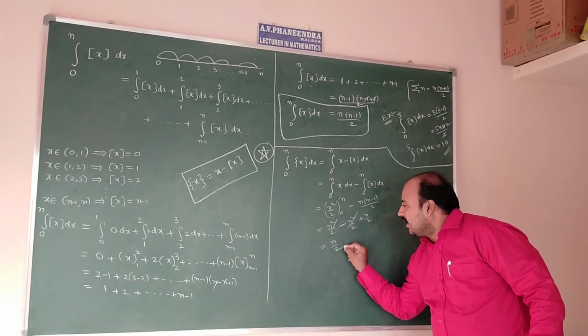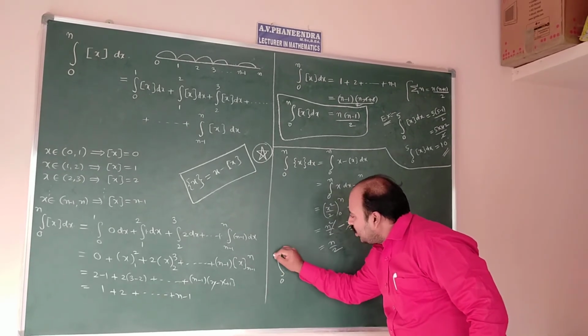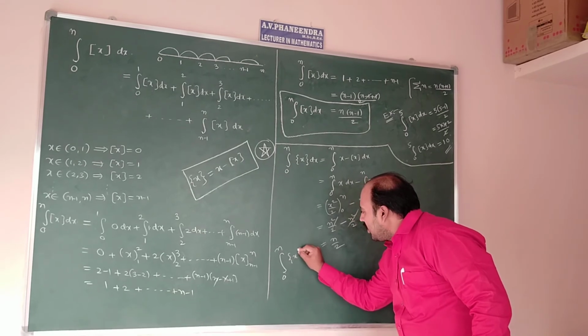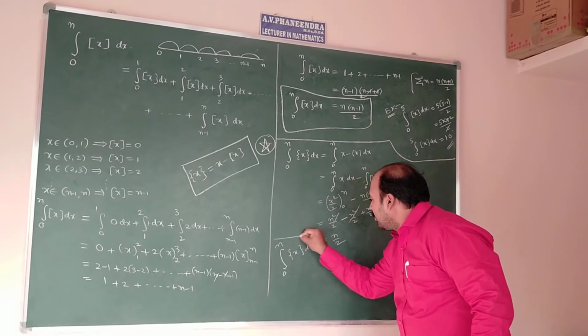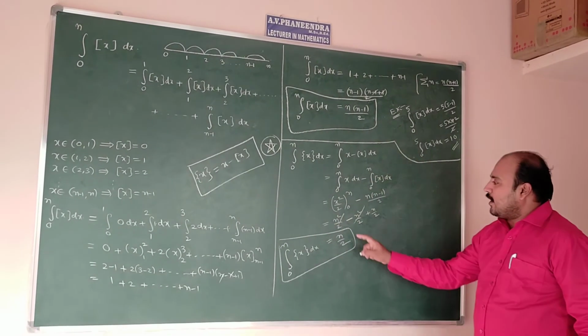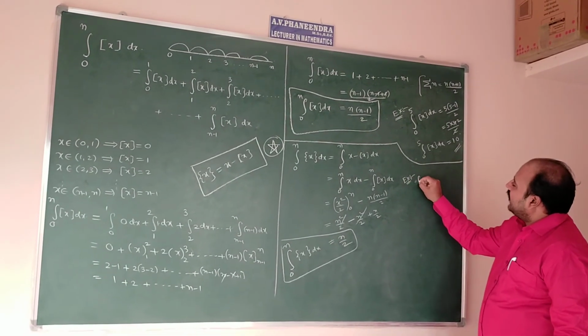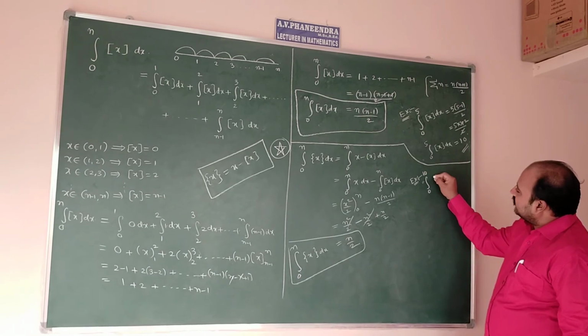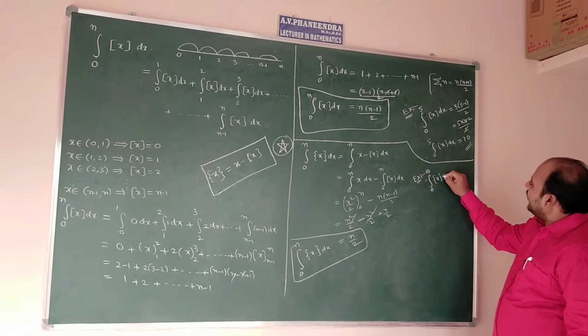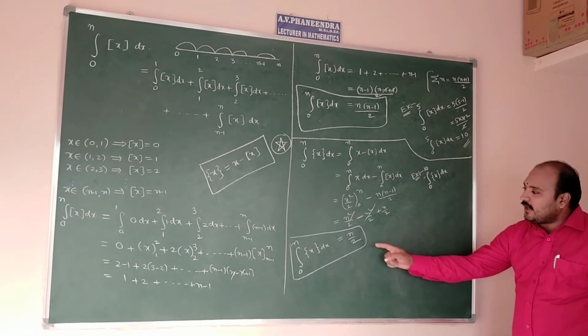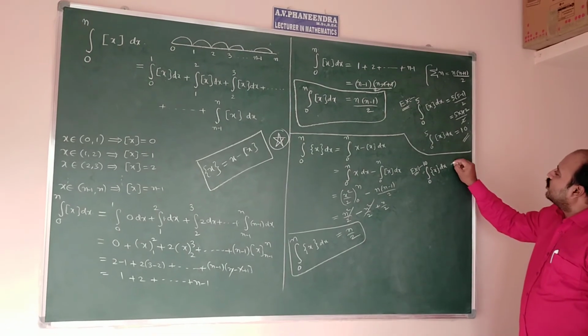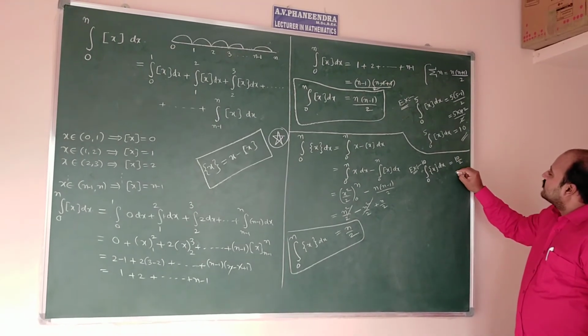So integral 0 to n fractional part of x into dx is equal to n by 2. Suppose for example integral 0 to 10 fractional part of x into dx. Directly you can apply this formula, n is equal to 10, by 2, which is equal to 5.